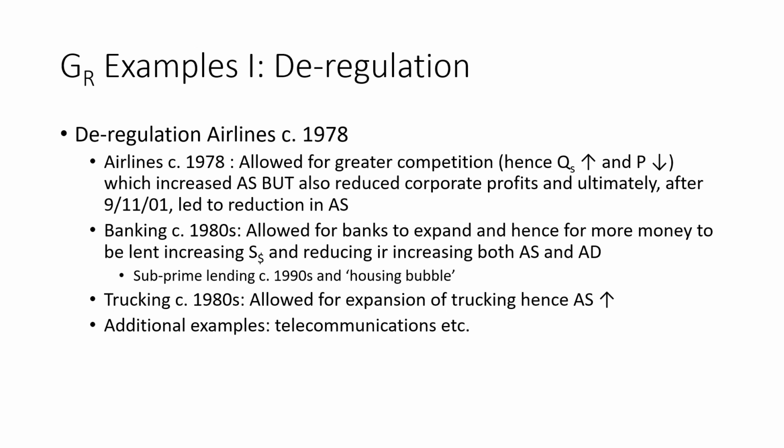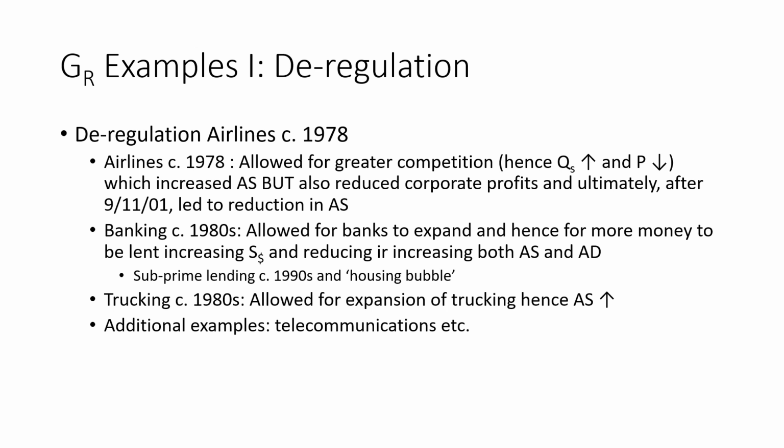And there are additional examples. I offer some here. When telephones first started, the American Telephone and Telegraph Corporation got a monopolistic control over it. Over time, really as a result of technological improvements, they broke up the AT&T monopoly. AT&T still operates, but now they have a lot of competition.